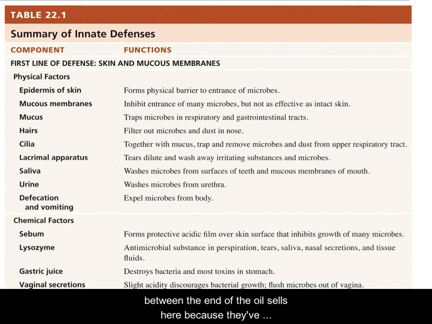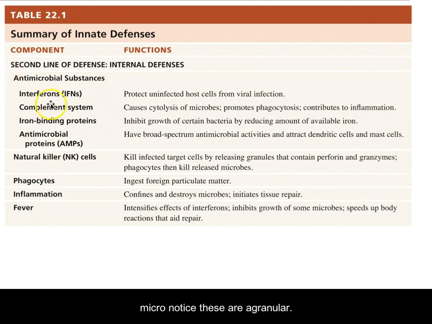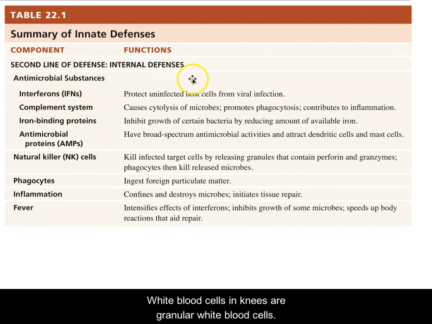Inside this presentation, I have table 22.1 as a summary of the innate defenses, and then the next table is going to be the summary of their functions, the second line of internal defenses. I'm only bringing this up because I'm going to develop it more inside class, but interferons actually protect your cells themselves from viral infection. And notice what they're paying attention to.